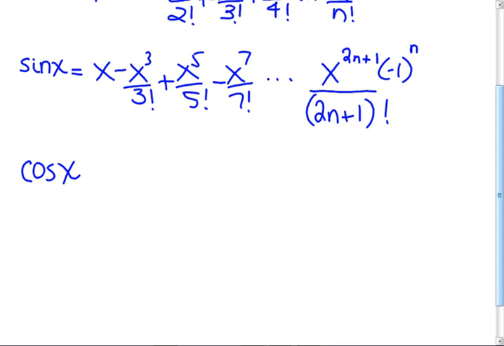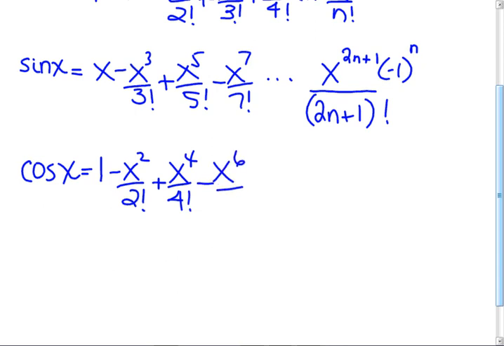Cosine's even. So we're going to start with 1 minus x squared over 2 factorial plus x to the 4th over 4 factorial. And that was easier to write. I'm not going to forget my -1 to the n. And then it's x to the 2n.